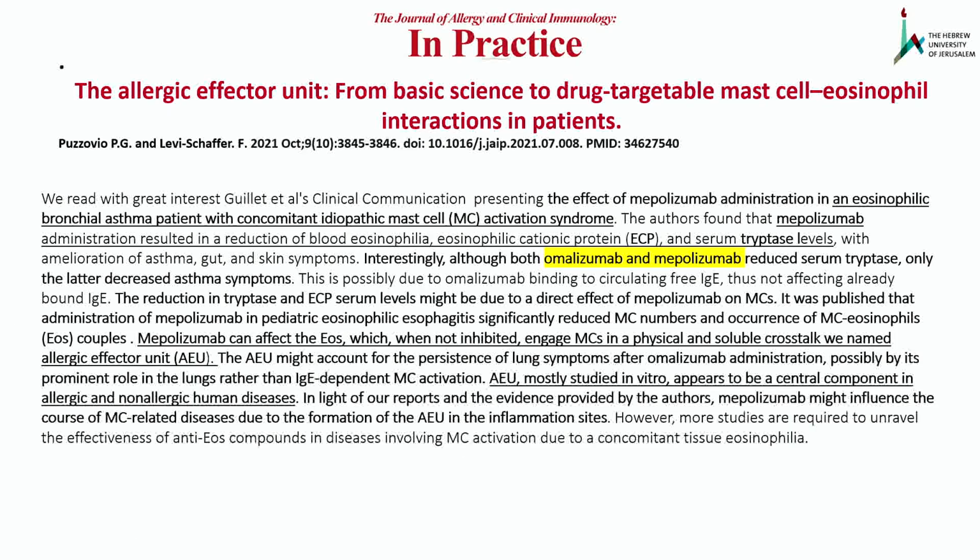So I open a new avenue. I hope that in 2 years, at the next IUFAR meeting, we will show what happens in the allergic effector unit, if indeed the mast cell has the power to downregulate allergic inflammation by CD300A expression and by resolvin D1 and other lipid mediators.